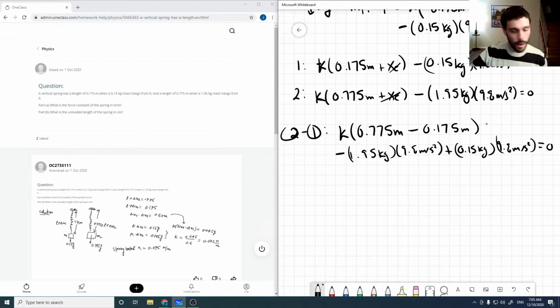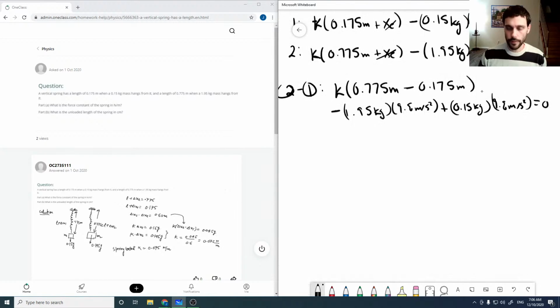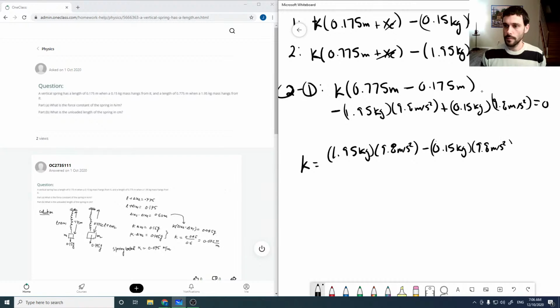Okay, so now rearranging and solving for k. So our k is then 1.95 kilograms times 9.8 meters per second squared minus 0.15 times 9.8, over 0.775 meters minus 0.175.